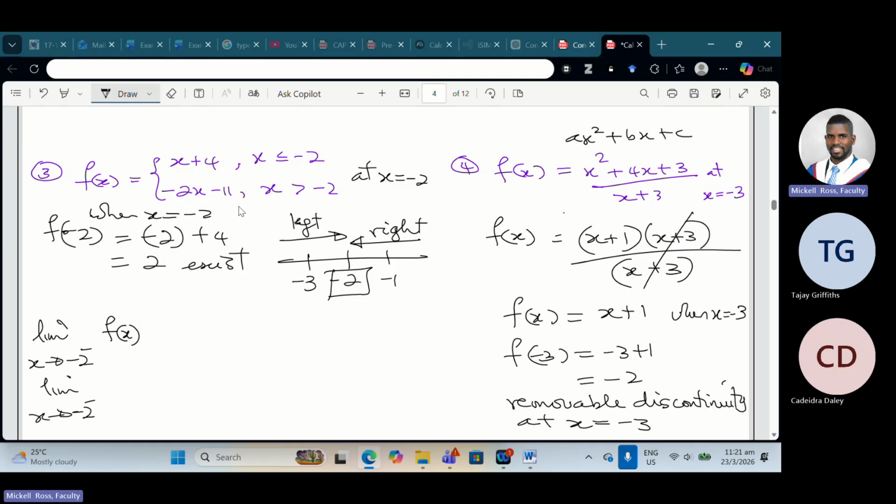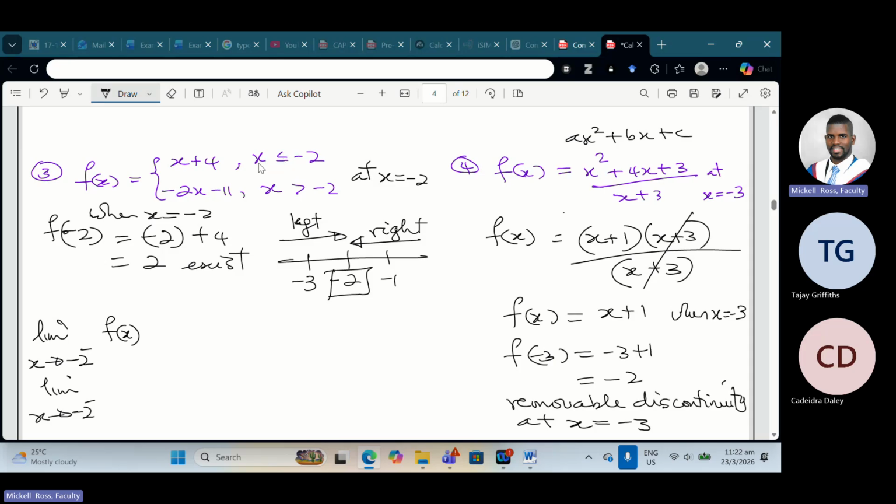If it is approaching from the left-hand side, that means the values of x are less than negative 2, which means we have to use this function, because this function has domain values that are less than or equal to negative 2.